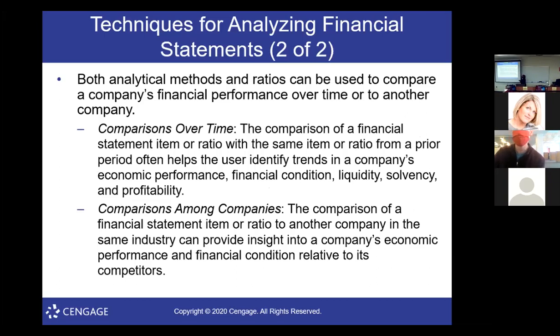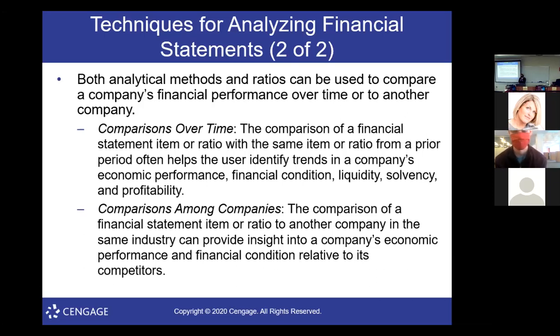Both analytical methods and ratios can be used to compare a company's financial performance over time, or how it relates to another company. The important thing when we talk about comparison over time is that we want to take a look at certain measures of a company, whether it's cash, accounts receivable, inventory, maybe net income.